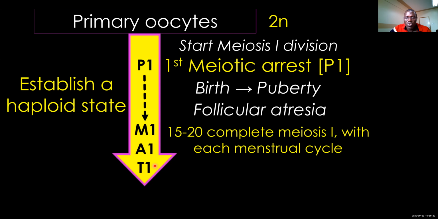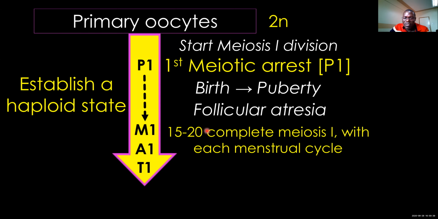The oocyte can complete the first meiotic division. The point to note here is this, that about 15 to 20 are recruited in each menstrual cycle.